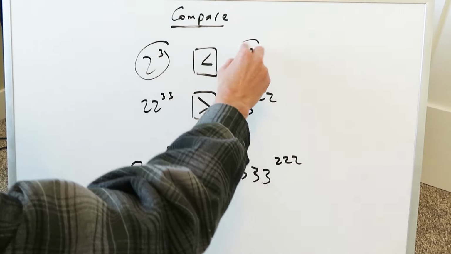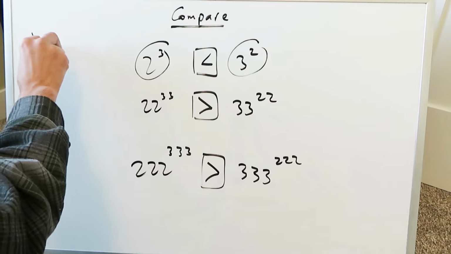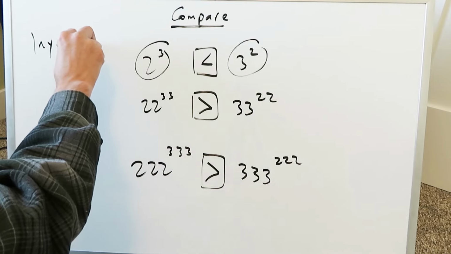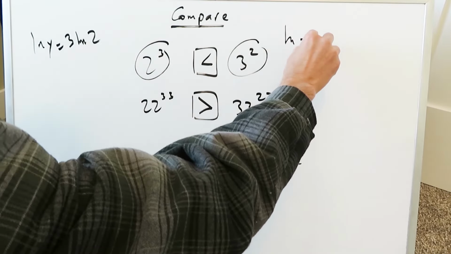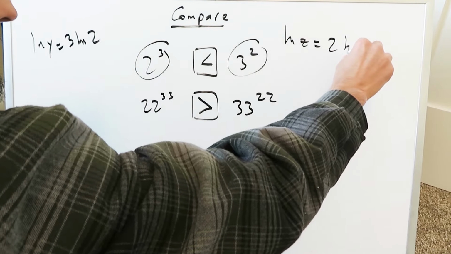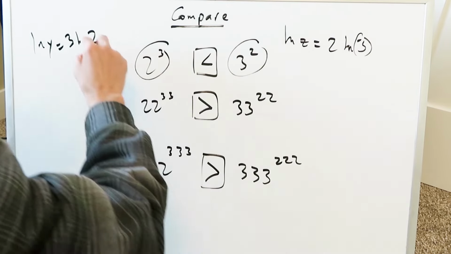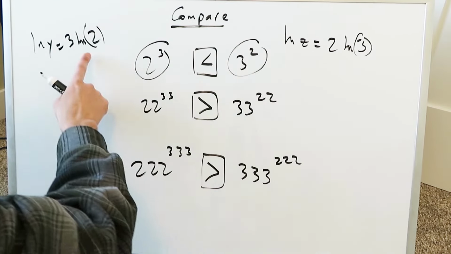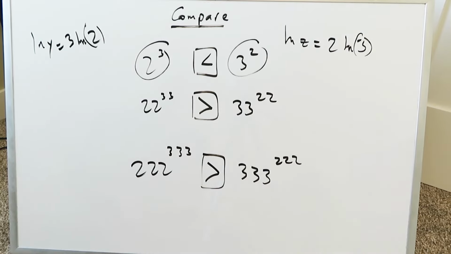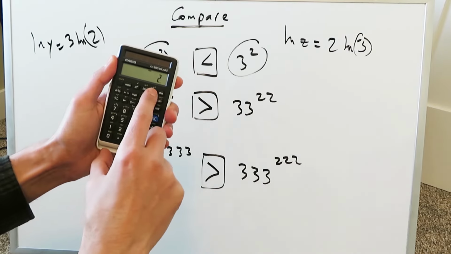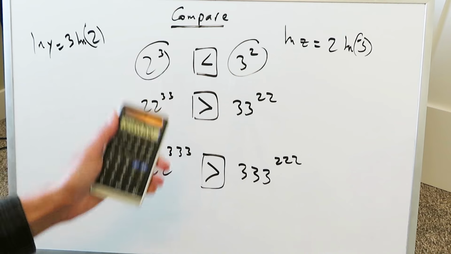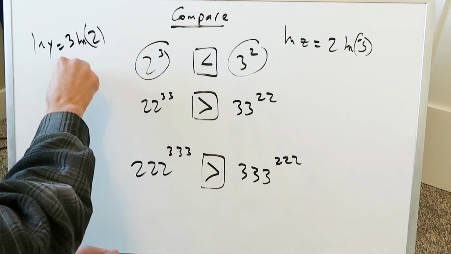Take 2 cubed and 3 squared, and bring in that technique. Natural log y is equal to 3 natural log 2. Natural log z is equal to 2 natural log 3. Now solve for this, and you know the 3 squared side will be larger than the 2 cubed side, and it will indeed be the case. 3 natural log 2, I'm getting 2.079.